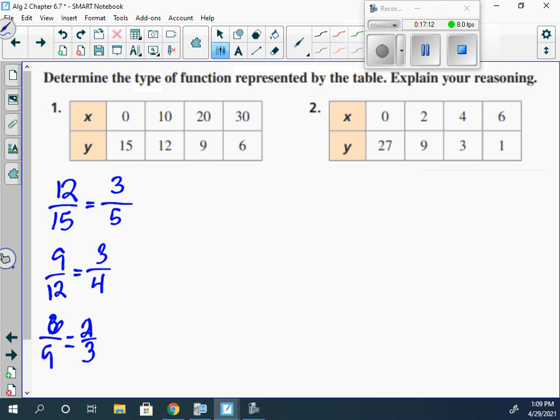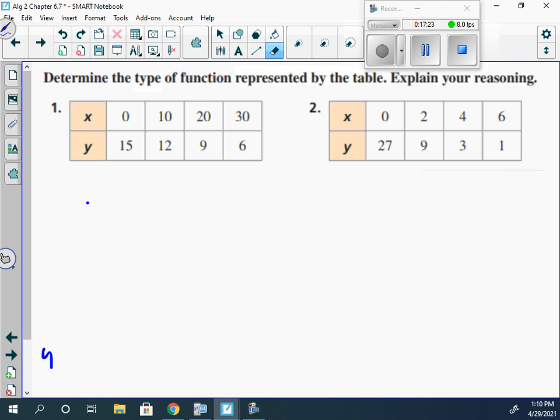And this here is 4/5. Well, the common ratio is not the same across these. Maybe the common difference, or the common difference of the difference is.